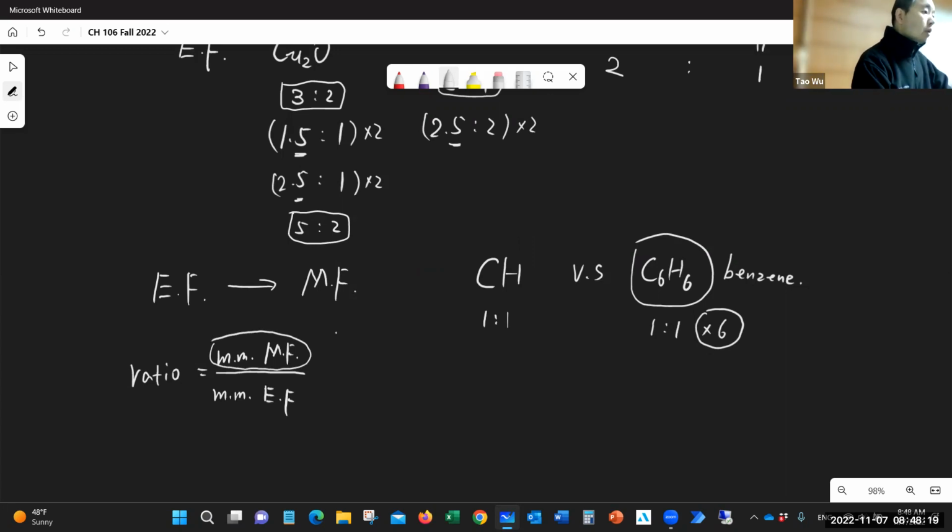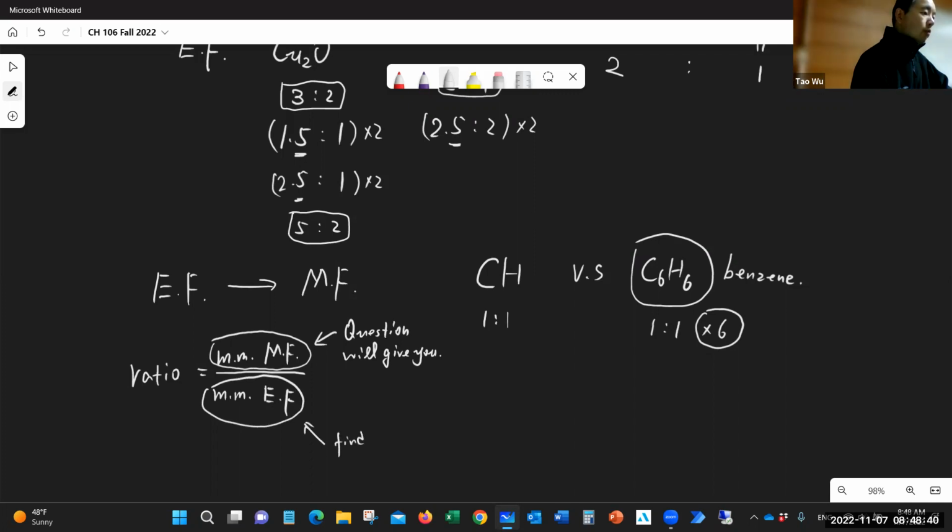But the molar mass of the empirical formula, you should find out from the empirical formula.